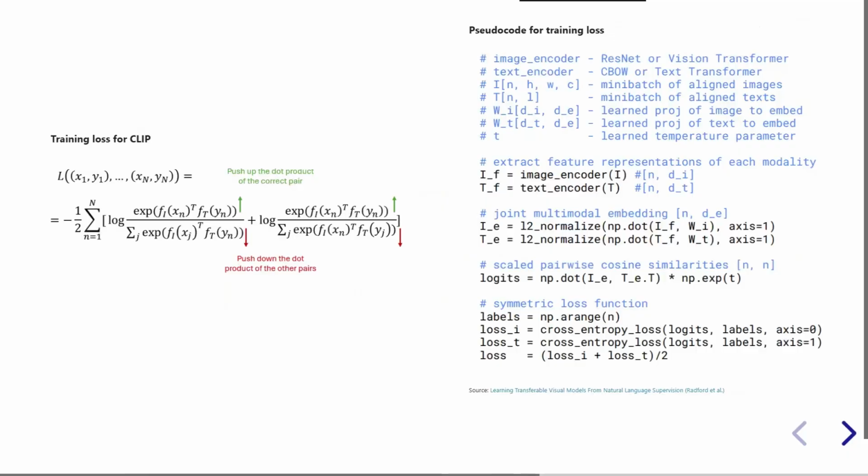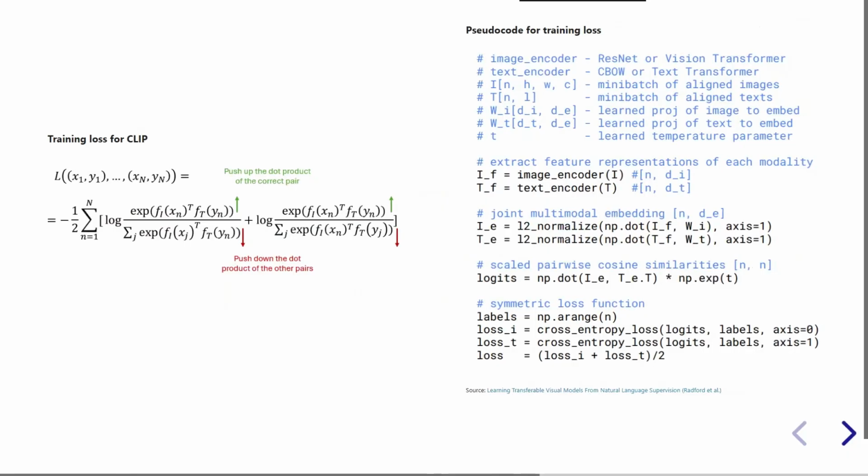And if we look at how this training loss looks, it has the equation that is represented here on the left side of the slide. As you can see, we want to, once again, push up, so maximize, the dot product of the correct pair, and push down, or minimize, the dot product of the other pairs.